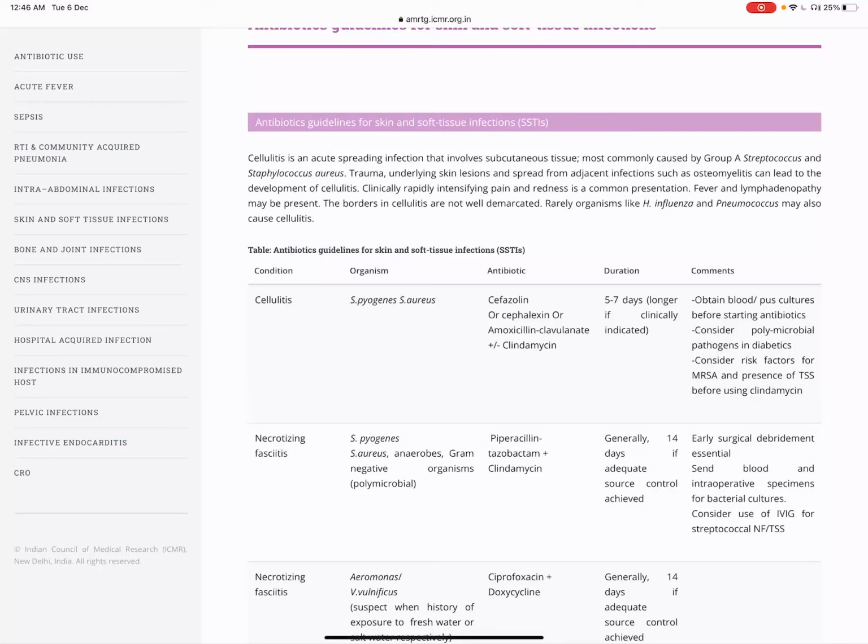You would have heard about the super antigen, right? Super antigen is produced by gram-positive organisms. That is inhibited by clindamycin. So giving clindamycin in addition to gram-positive cover has a very good effect.